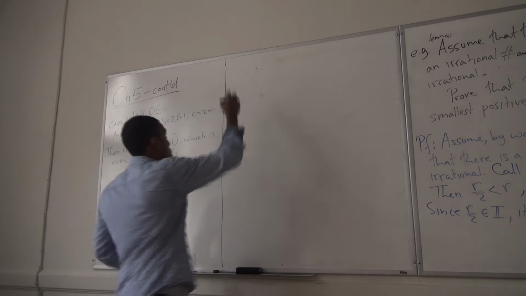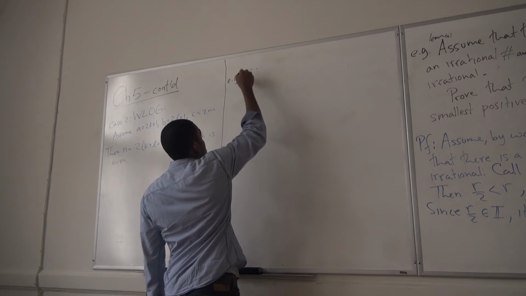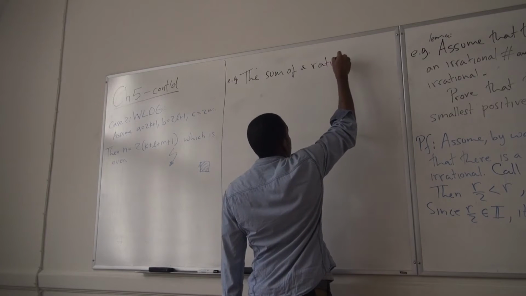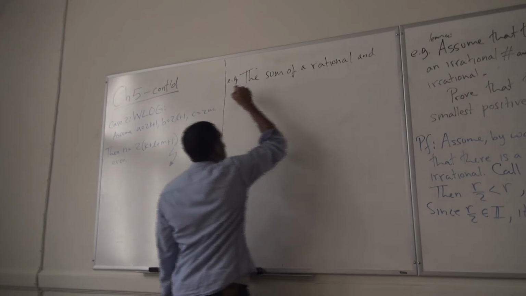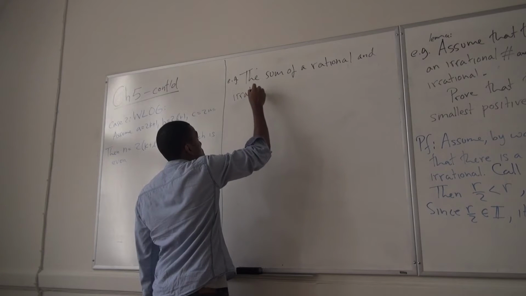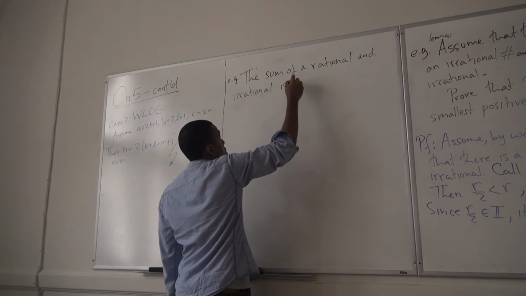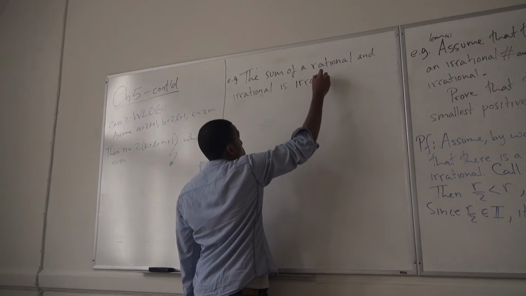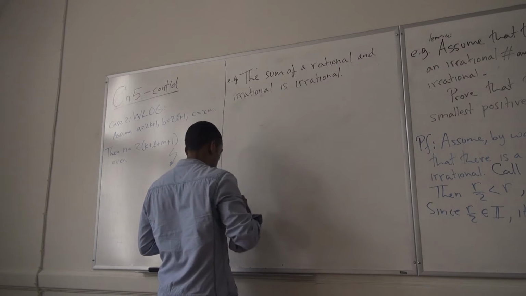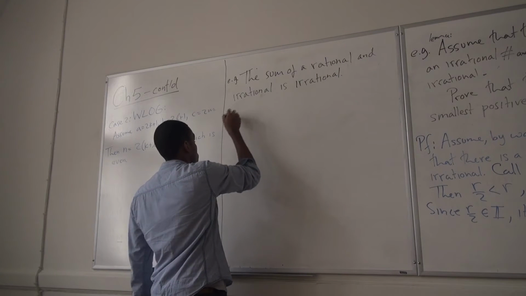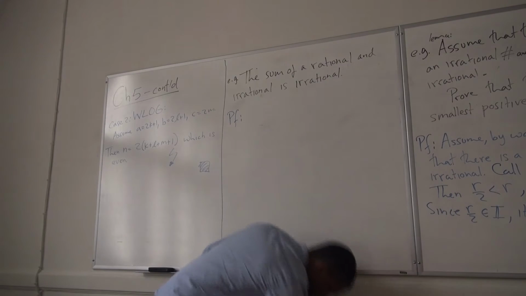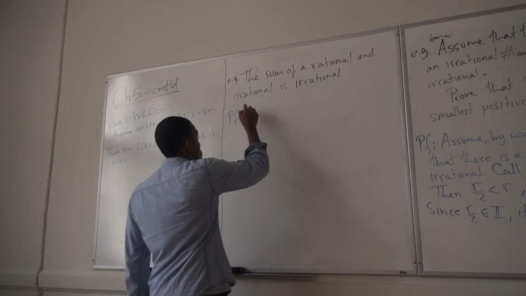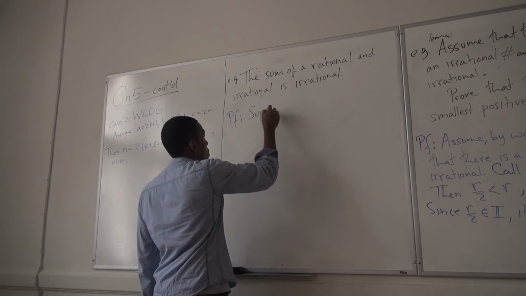Okay. Here's another one. The sum of a rational and irrational. What do you think it is? Irrational. It's irrational. Proof. How do you prove it? Assume that it is rational.